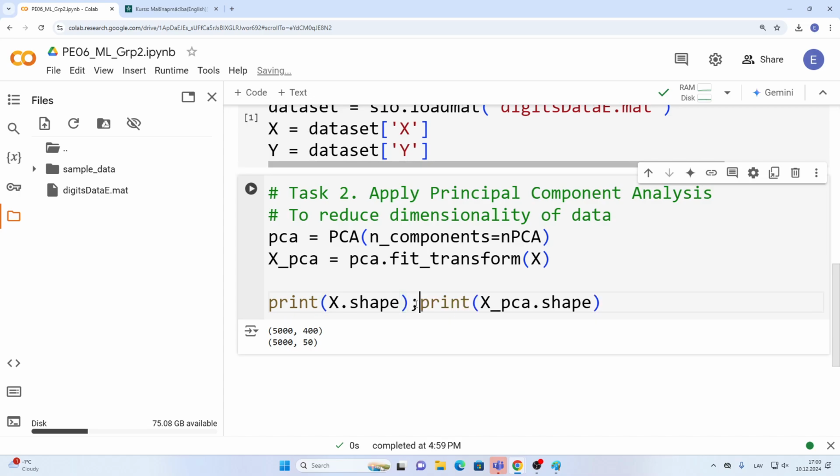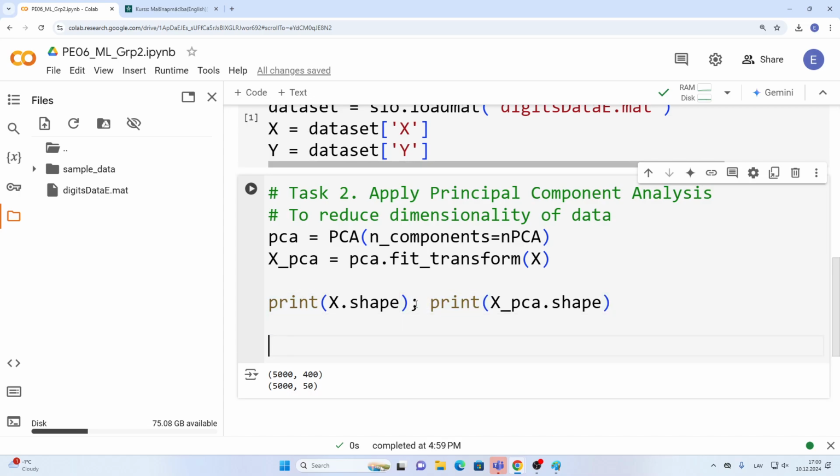Let me merge this together and say I want to split the data set into train and test parts.